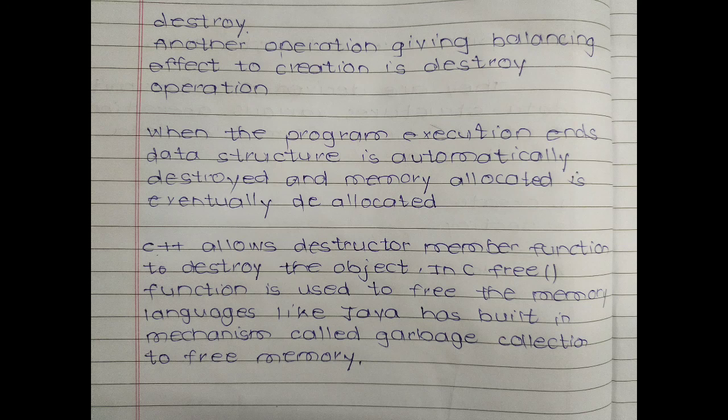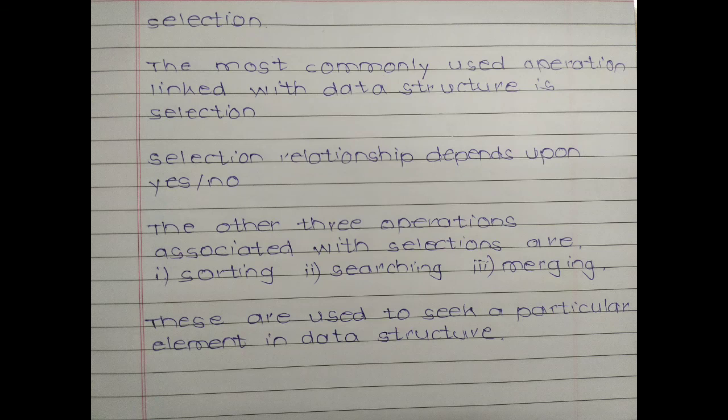Whereas in Java, we have a built-in mechanism called AGC, which is automatic garbage collection, and it frees the memory. So basically, this destroy operation is opposite of create operation, and it is deallocation of memory locations.